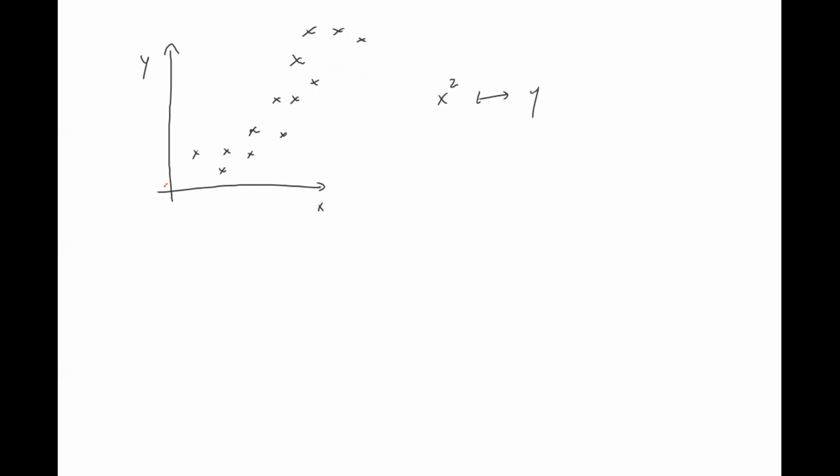Actually, in this particular case, I guess it would be something like this. Oh, no, sorry, I had it right. So in this case, what I can do is a transformation of my points, but leave it in a form that's still linear in the parameters. So I can do something like this.